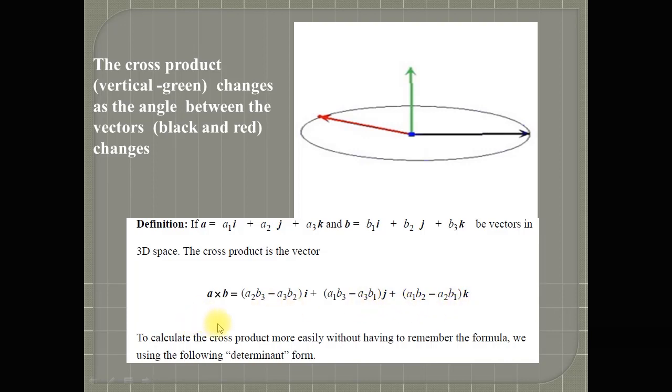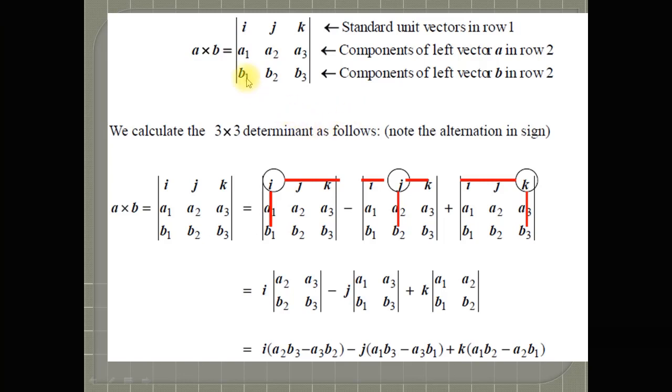To calculate the cross product more easily without having to remember the formula, we use the following determinant form, as you see over here. This is the cross product of two vectors. So by using a determinant we can find the cross product of two vectors.